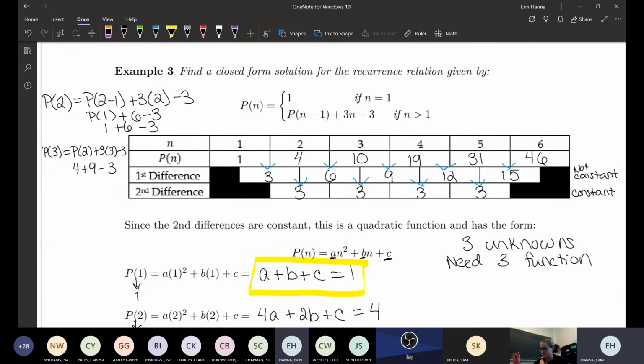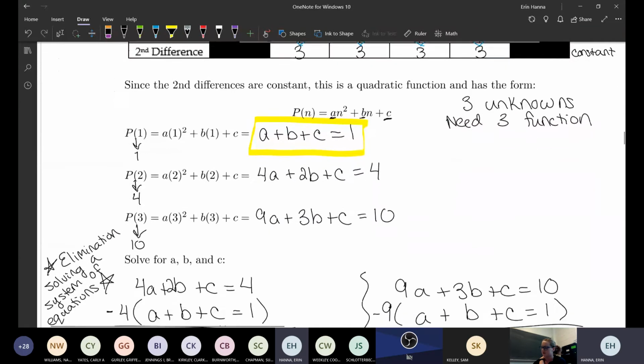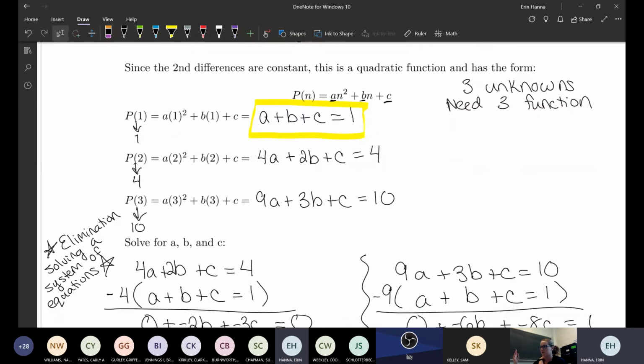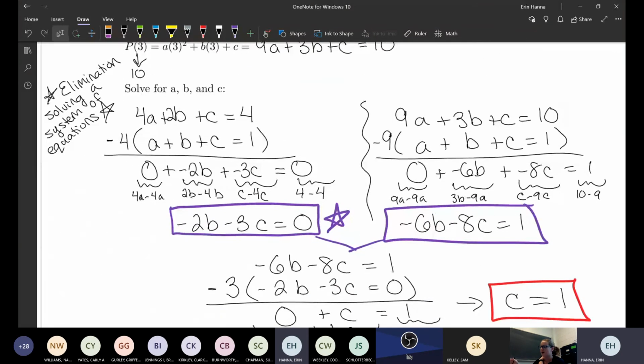So just to recap, I'll scroll down as I recap. We found our first and second differences. We found that the second differences were constant, which meant that this must follow a quadratic form. We wrote out a generic quadratic form. We plugged in the first 3 terms. We got 3 generic equations. We did lots of algebra to solve for all of our things.